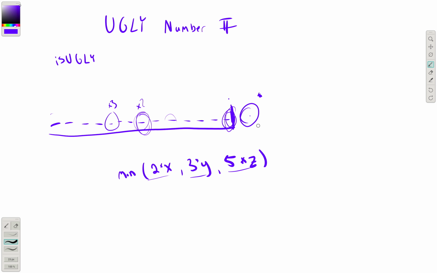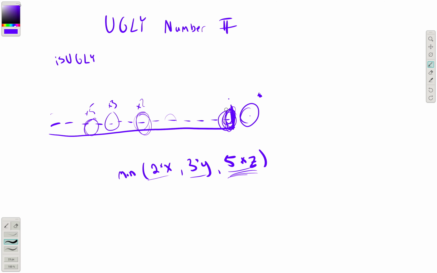Okay, so 2's winning so far, but maybe then 5 times this one is actually only one more than the previous number, right? Notice that it's not always going to be 2 times a number that is the minimum between these three. 5 could definitely be the minimum of those three, as long as it's greater than this last one, you know?